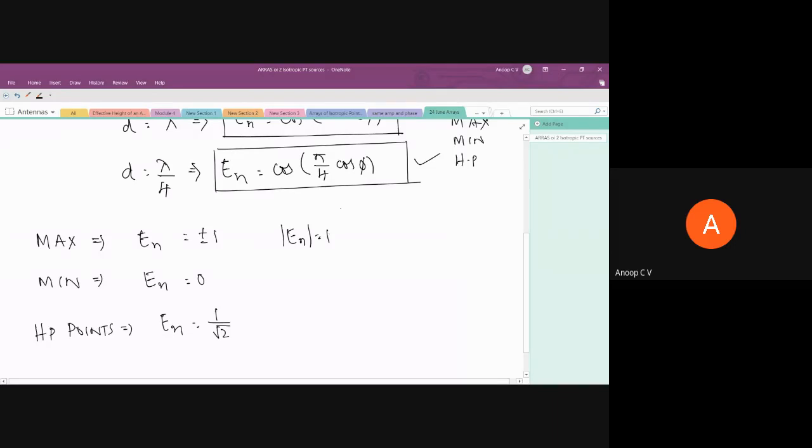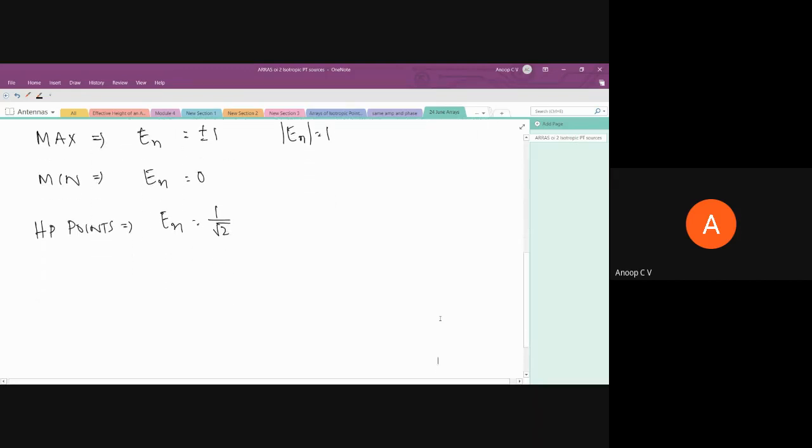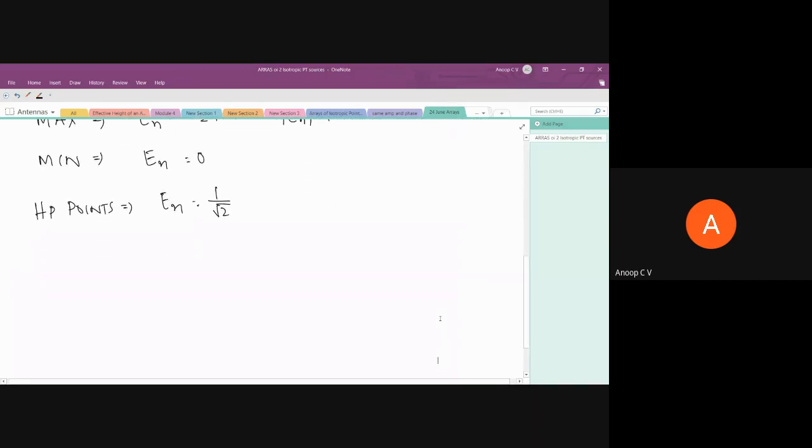The general conditions which you have to remember: I'll just discuss the general things, then we'll move on to the next case.